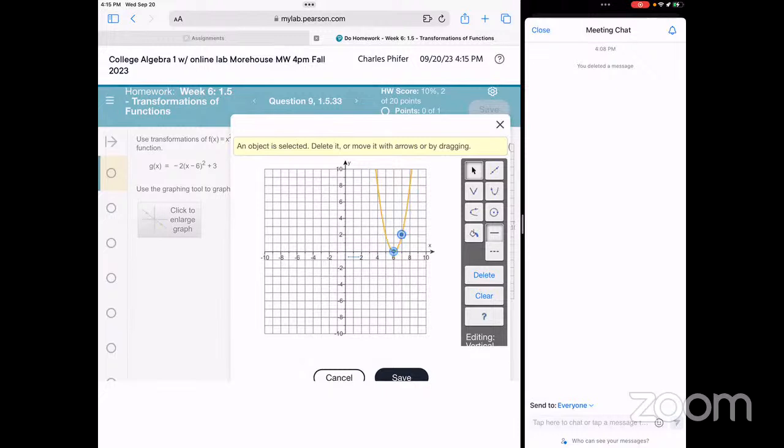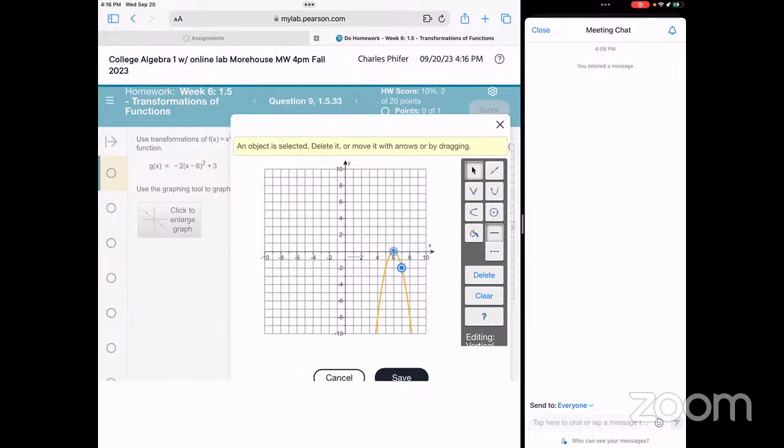So we went right 6, stretch vertically by a factor of 2. Next, we multiplied the outside by a negative, so it should flip. This needs to go to where 7, -2. No. -2, -2. Okay, I think that's okay.